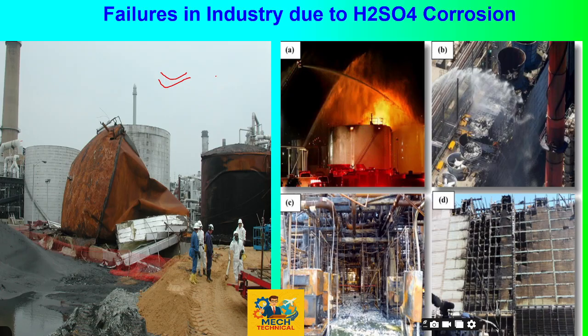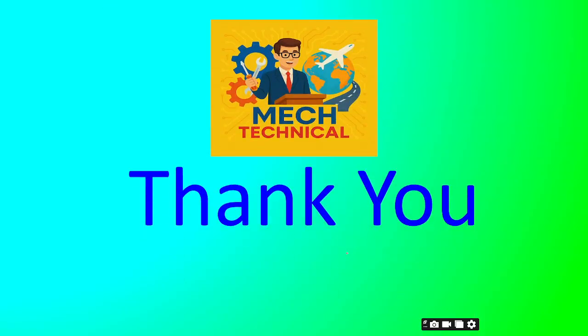Then in petrochemicals also we use sulfuric acid for various reactions. In our fertilizer plants we use sulfuric acid in cooling towers for cooling water treatment, and also in DM plants. So that's how we have to avoid sulfuric acid corrosion, with proper metallurgy selection and proper precautions during operation.